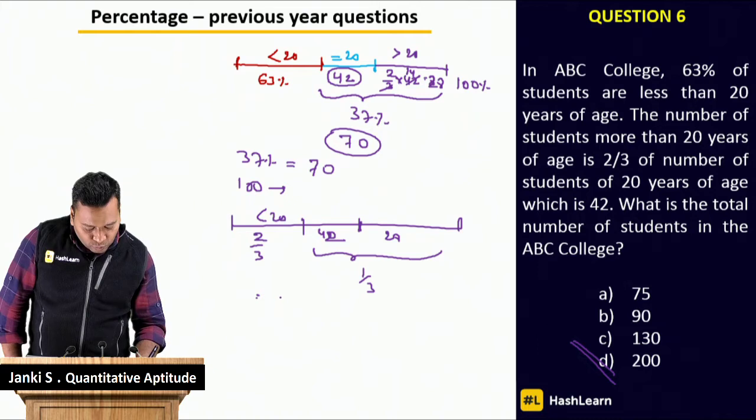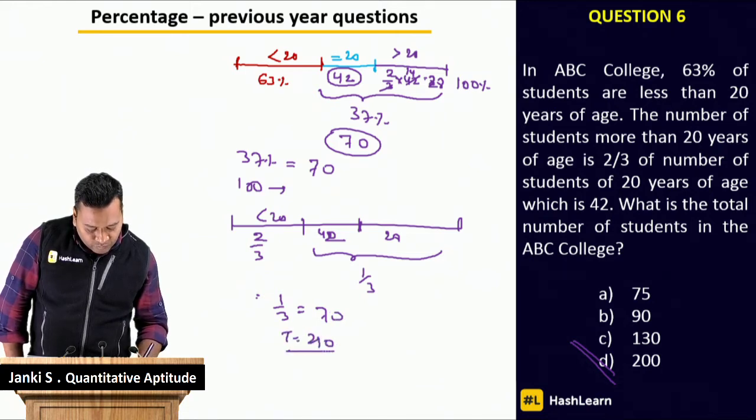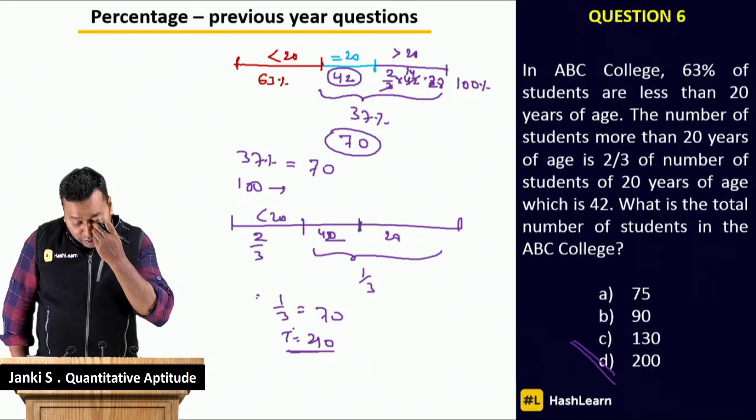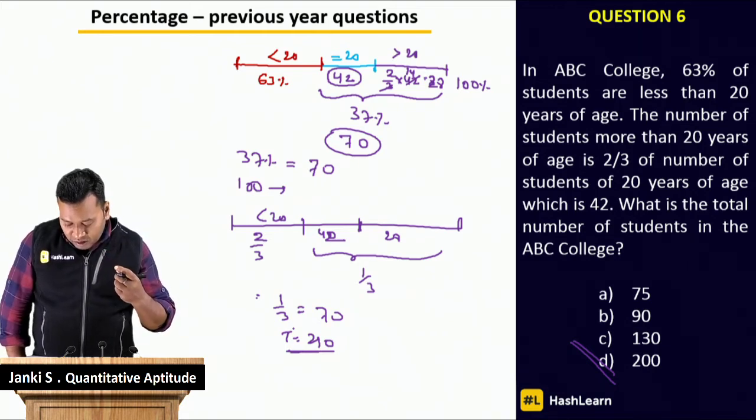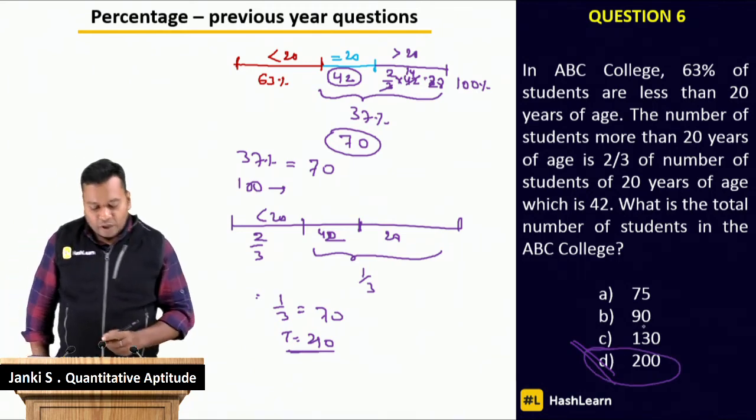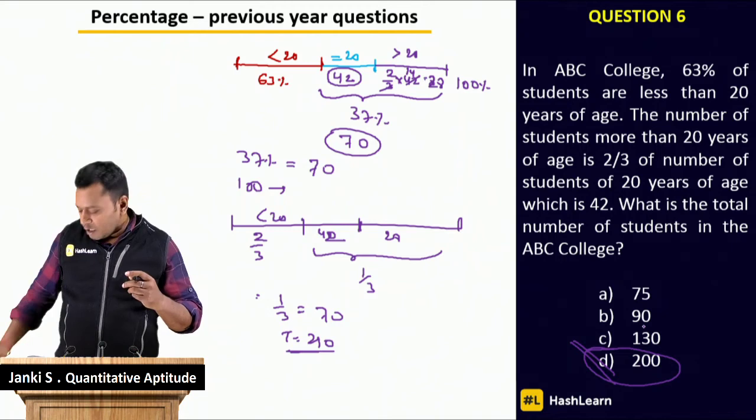So 1/3 of the value is equal to 70. That means the total is 210. Since the correct value is not available, I'll go for the nearest value possible, that's 200 in this case. That has to be 200.